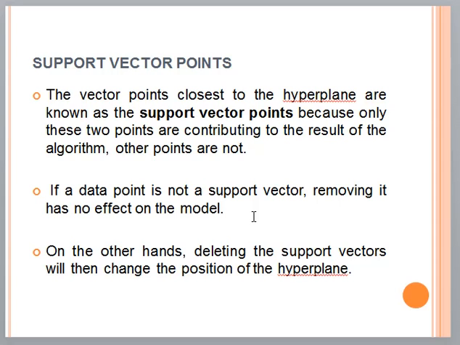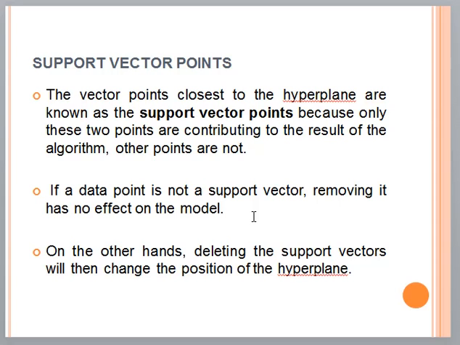That's why even if I remove those data points which are not support vectors and are away from the hyperplane, my end result will be the same, or the removal of these points will have no impact on the model itself. On the other hand, deleting the support vectors will change the position of the hyperplane.